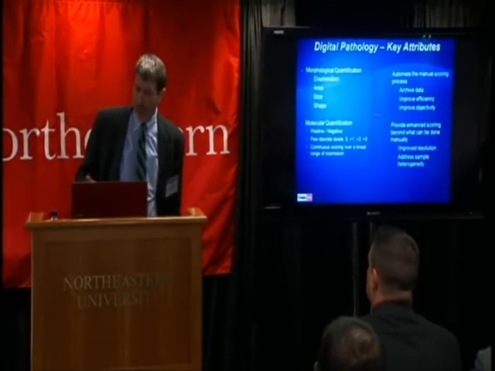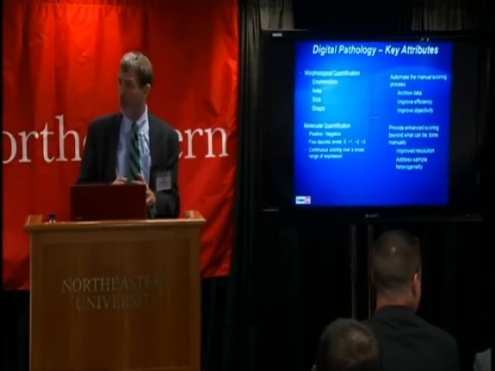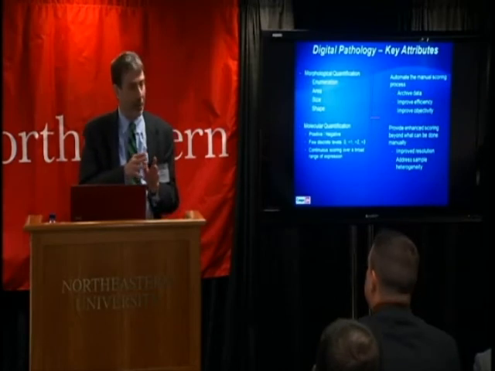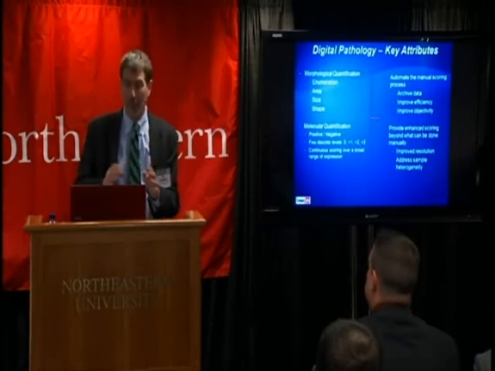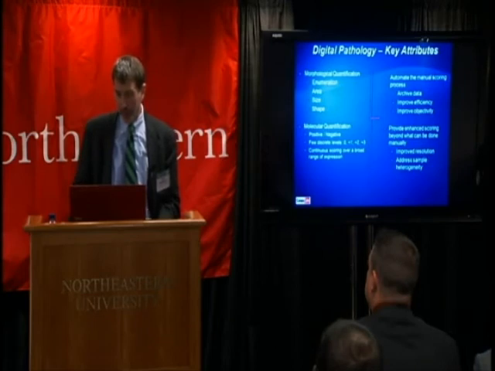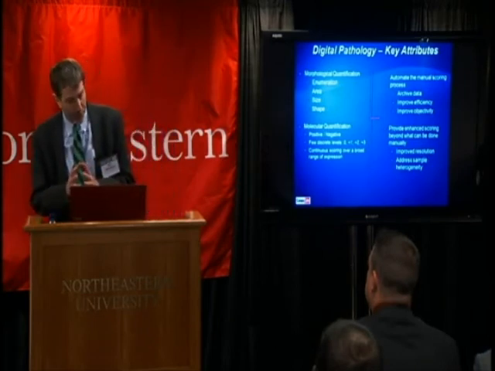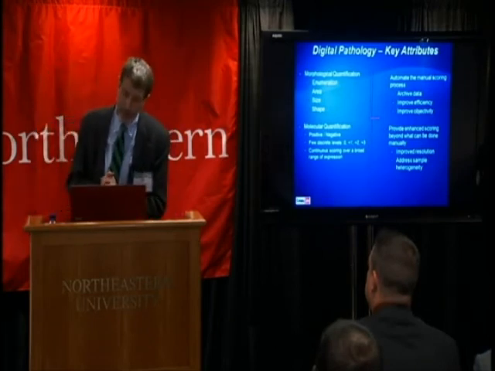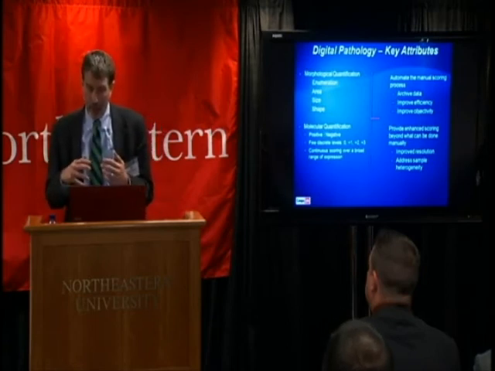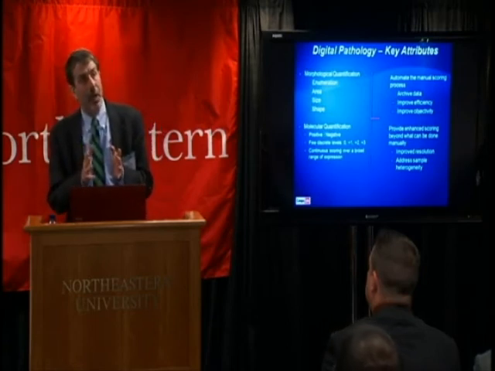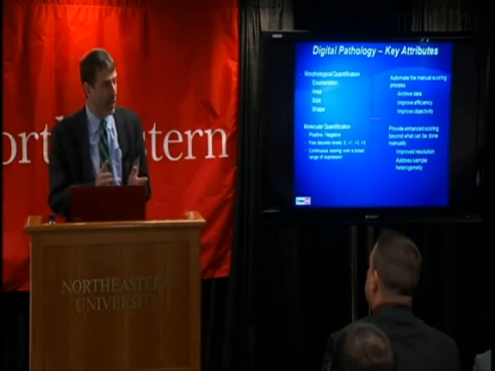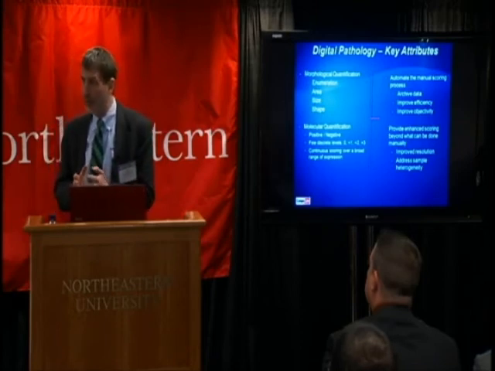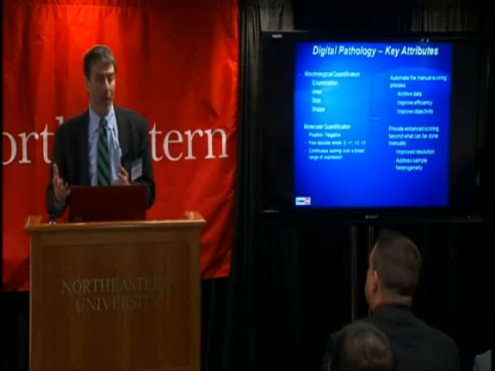Typically, manual scoring involves very few positions on a rather limited scale. So digital pathology systems, or imaging pathology systems, emulate the manual process, but in a lot of cases they have the capability to go beyond that manual process.